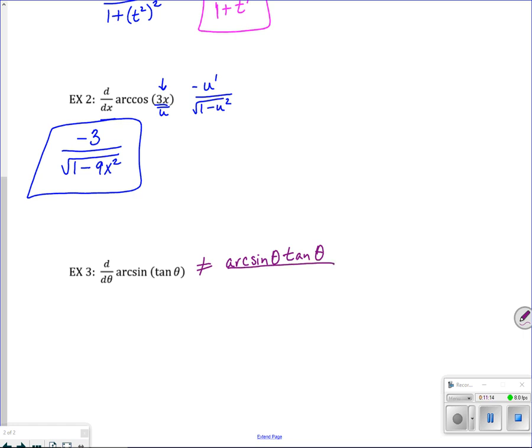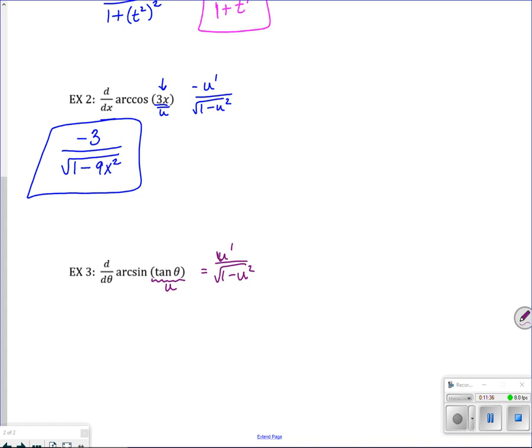This guy, I have 2 variables. I would have to do the product rule. What we actually have is not a product rule. It's just that this thing is my u. So I'm still going to do u prime over the square root of 1 minus u squared.